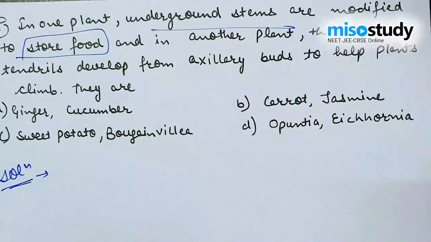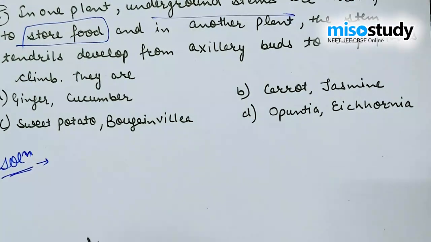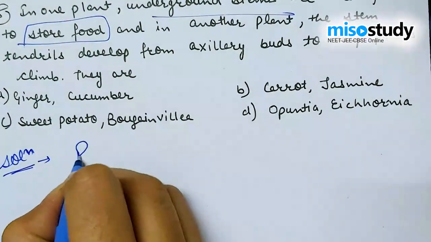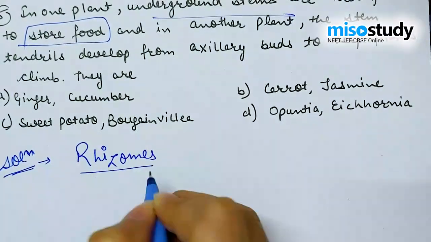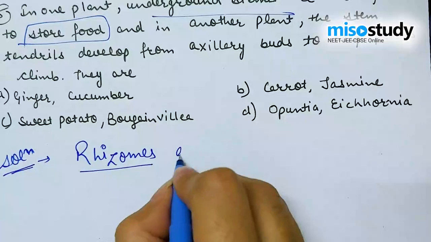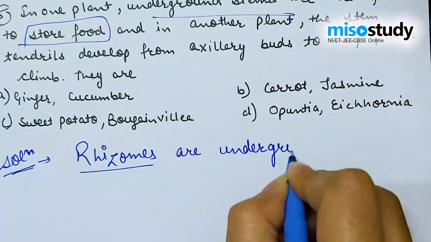the stem parts which store food are known as rhizomes. Rhizomes are underground stems.